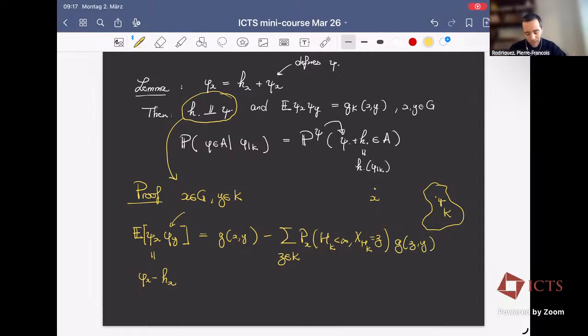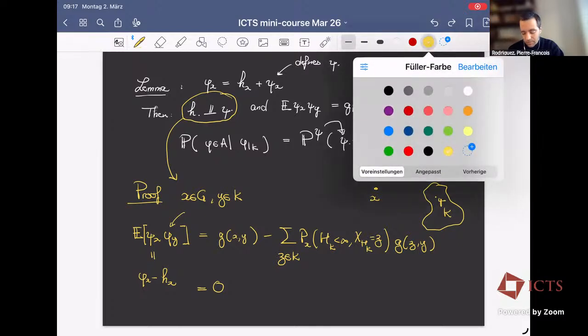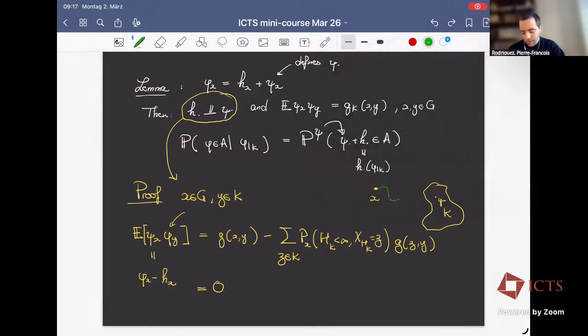Okay, now why is this quantity equal to 0? Well, simply because if you start your random walk at x and you want to, so maybe let me use a different color. Let's see, maybe green. So if you want to count the expected number of visits at y, and y is a point in K, then you better enter K. I mean, you have to.